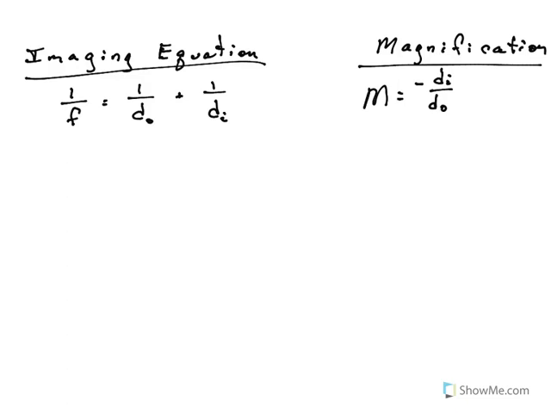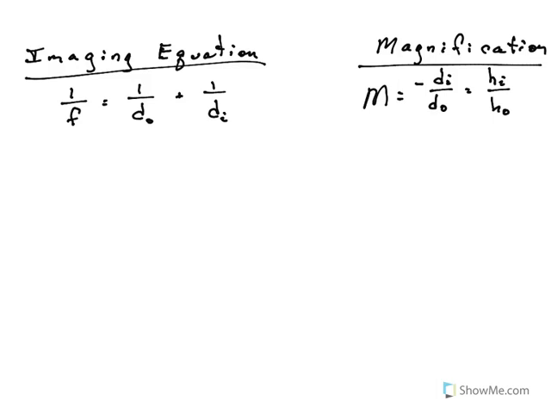But there's a second way, and the second way is the image height over the object height. Now that just means, the image is 10 centimeters tall, the object is 5 centimeters tall, so that means the image is twice as big as the object, so the magnification is 2. 10 over 5 is 2.